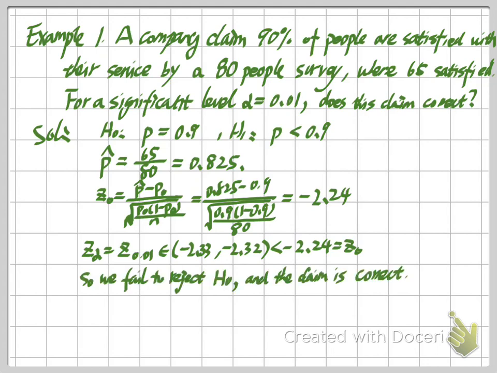Our conclusion is we fail to reject our H0. In other words, the original claim is correct. The company claims that 90% of people are satisfied with their service, and this conclusion is correct.